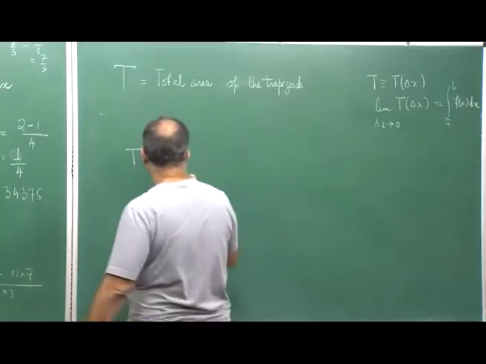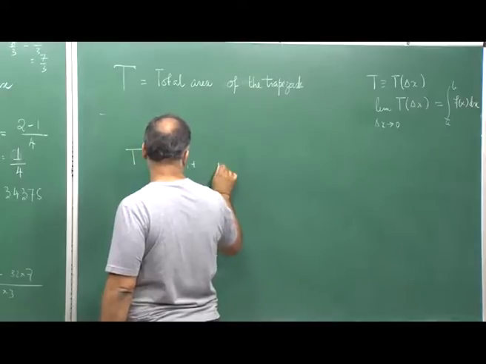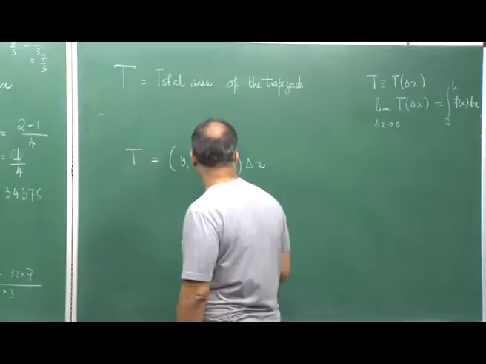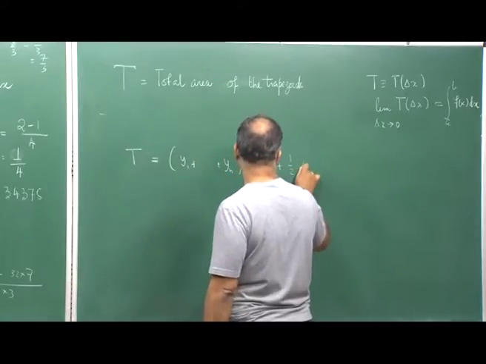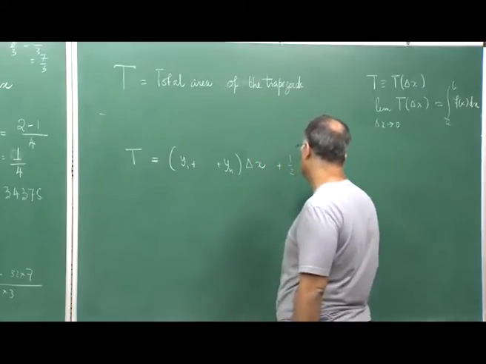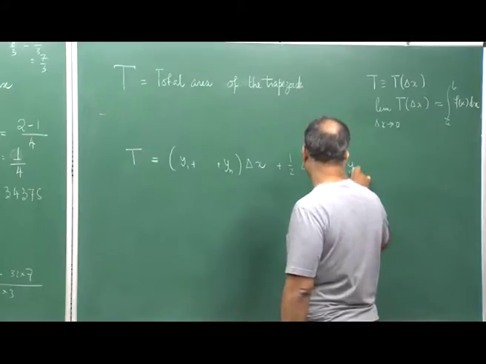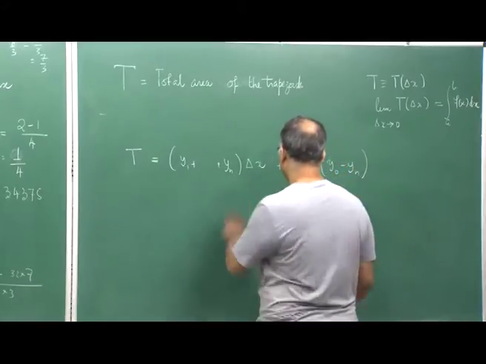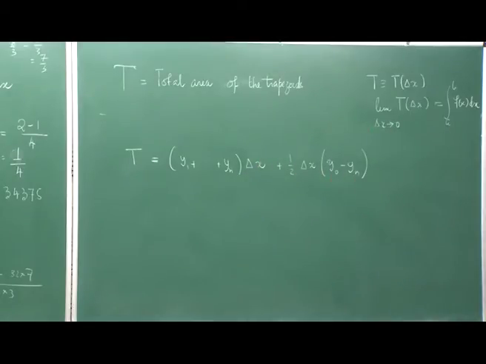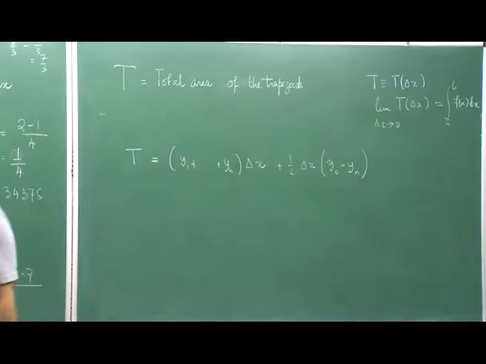So, what I do, I put y1, y2, yn into delta x, just rearranging what I have known for t, delta x plus half of delta x into y0 minus yn, because yn was half. So, yn delta x minus half yn delta x is half yn delta x. But what is y1? y1 is f of x1, y2 is f of x2, yn is f of xn.